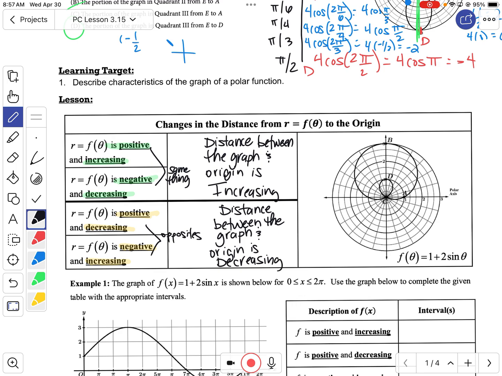So if we use the same descriptor, the distance is increasing. If we use opposite descriptors, the distance is decreasing. I like to think of that as working together or working against each other. If I'm positive and increasing, I'm working together. If I'm negative and decreasing, I'm working together. However, if I'm positive and decreasing, I'm working against each other, so that makes it slow down or decrease.